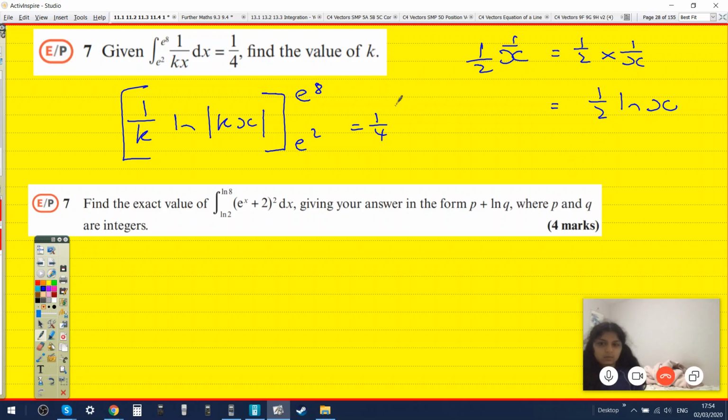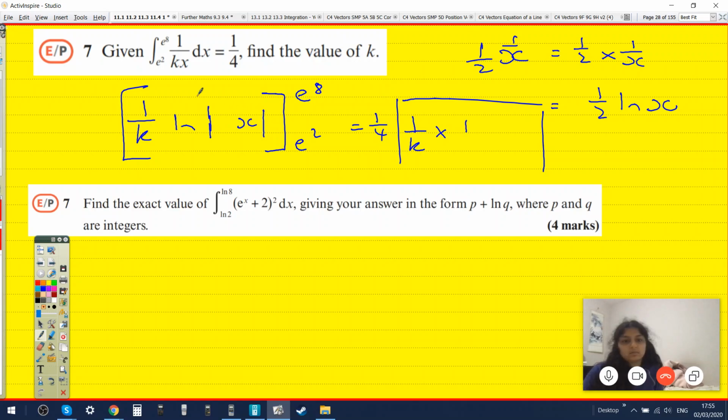But you already put 1 over k in. Oh, it's 1 over k times 1 over x. So you get 1 over k ln x. Understood. If it was x to the minus 1, that power would be connected only to the x because of brackets.